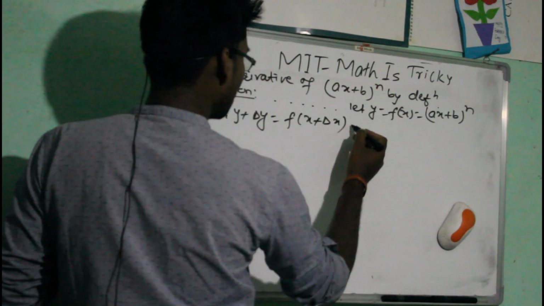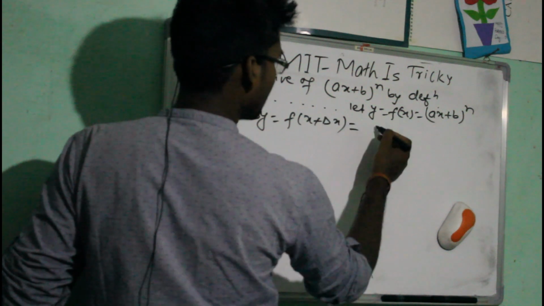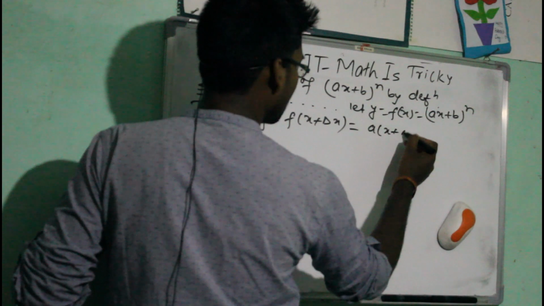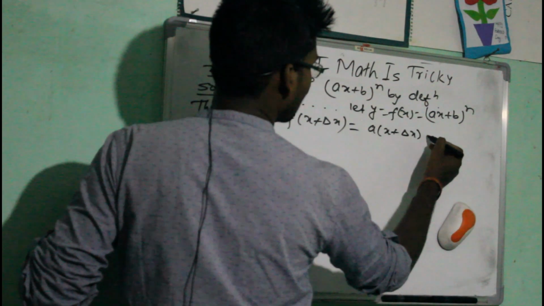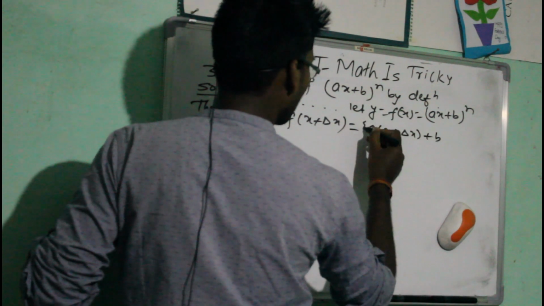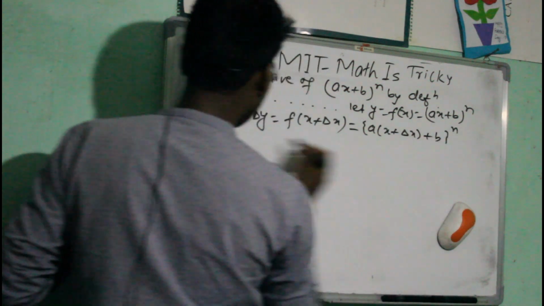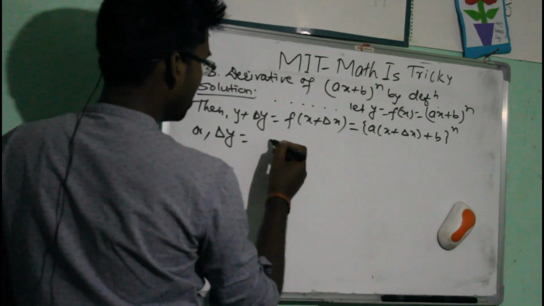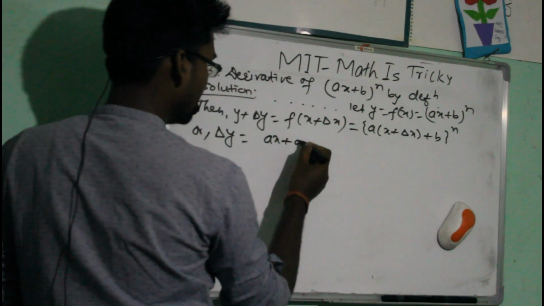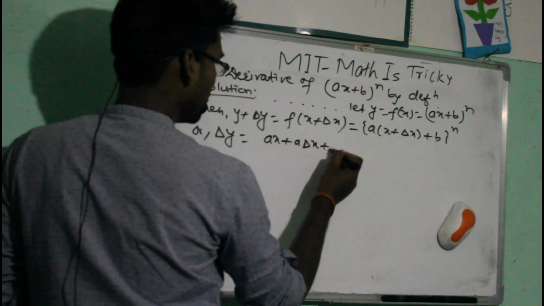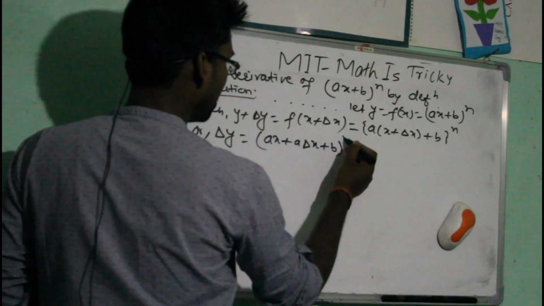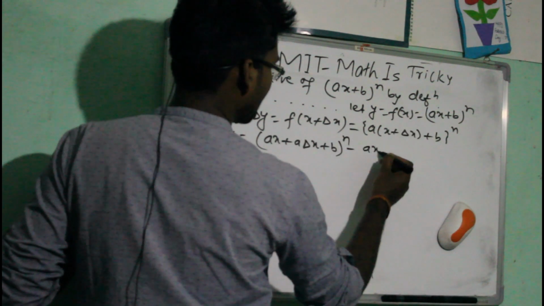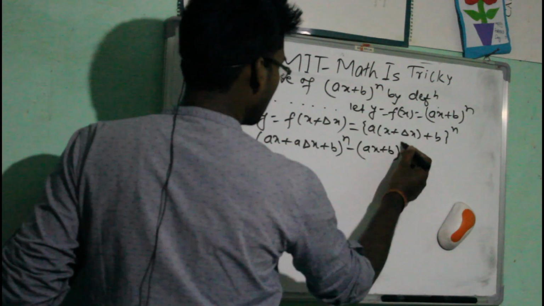Now f of x plus delta x is a times x plus delta x plus b, whole power n. We always find the value of delta y, which is ax plus a delta x plus b whole power n minus y, meaning ax plus b whole power n.